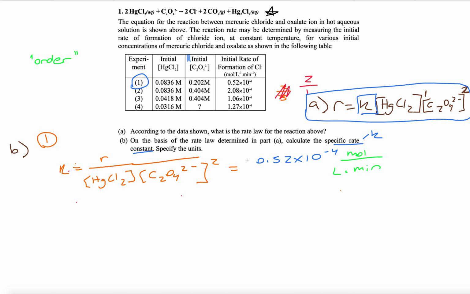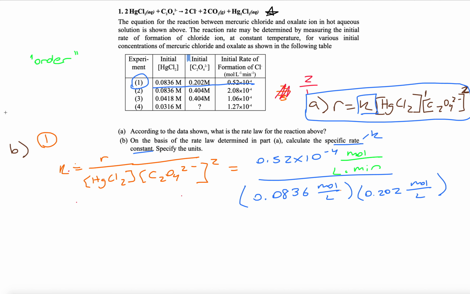On the bottom, we're going to have the concentration of HgCl2, 0.0836 moles per liter, times the concentration of C2O4, 0.202 moles per liter. And again, that's all from right here. I just plugged in the values. And if you're confused, concentration is always equal to molarity, which is always equal to moles per liter. So that's why I did 0.0836 moles per liter.